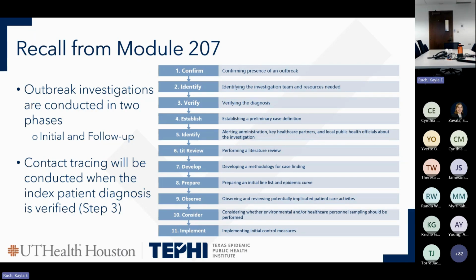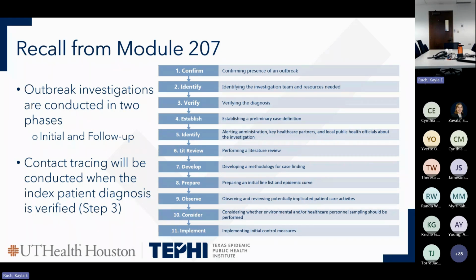When you're conducting an outbreak investigation, you will conduct a contact trace simultaneously around step 3, when you're verifying the diagnosis. So in an outbreak investigation, you will specifically look at confirming the presence of an outbreak, identifying the outbreak investigation team, and then verifying the diagnosis.